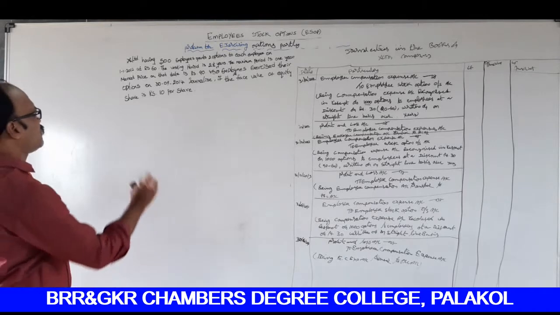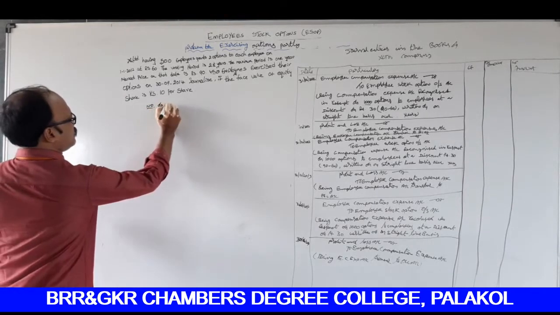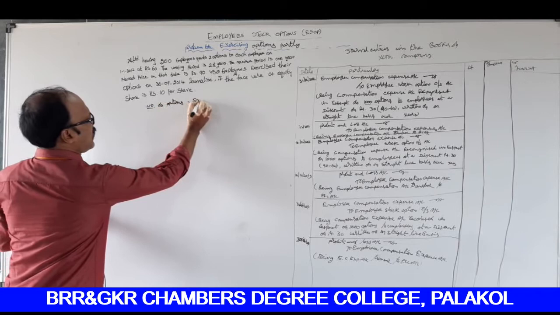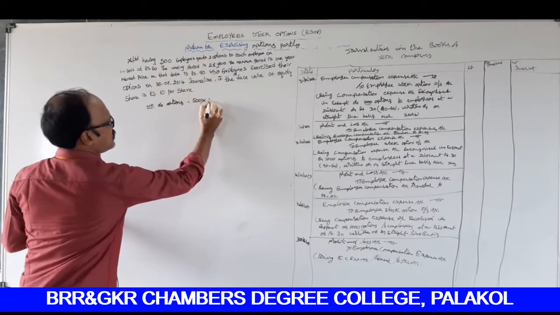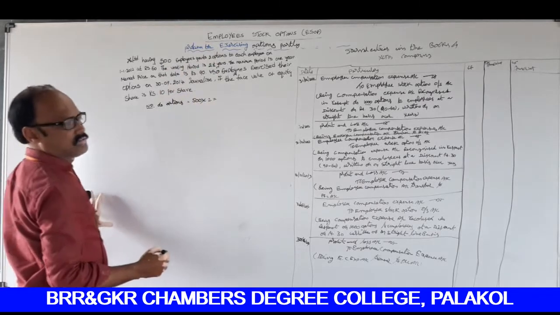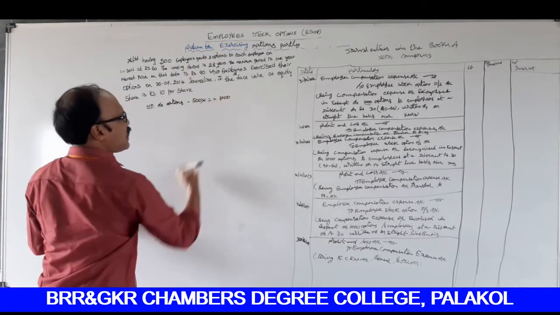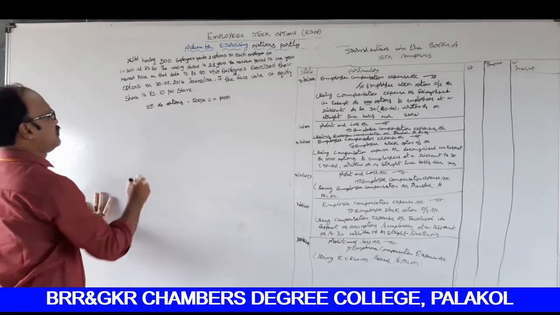First of all, number of options: 500 employees are granted 2 options each, so the number of options is 1,000 options.